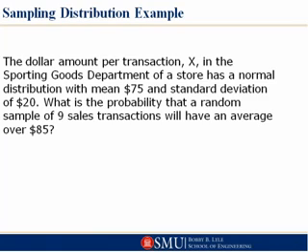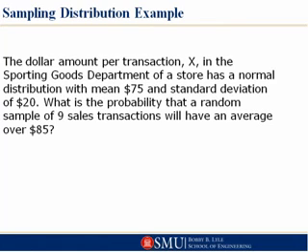Let's look at an example of this. The dollar amount per transaction, X, in the sporting goods department of a store has a normal distribution with a mean of $75 and standard deviation of 20. What is the probability that a random sample of size 9 sales transactions will have an average over $85?